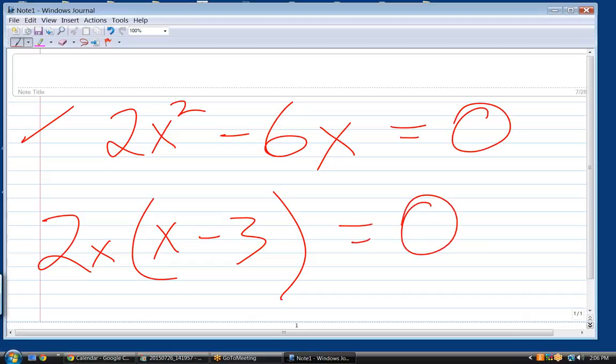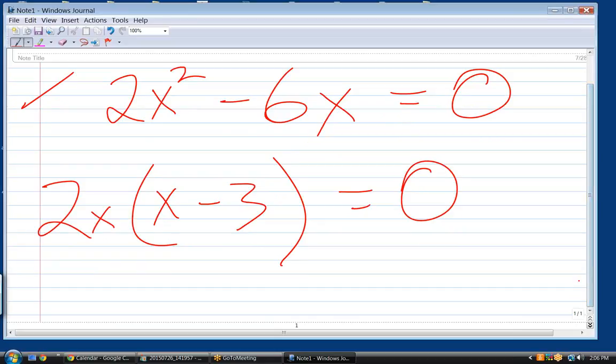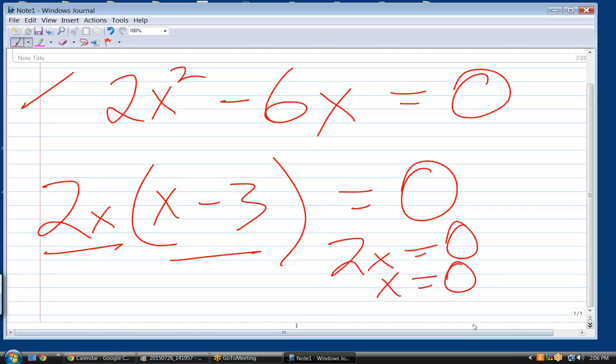Because once I get that, now the rules of algebra says that you can't multiply two things together and get 0 unless one of them is 0. So the next step is to set that equal to 0 and to set that equal to 0. Well, if I set 2x equals 0, well then one solution is x equals 0. And if I set x minus 3 equal to 0, then the other solution is x equals 3. And those are my two solutions if I started out with an equation.